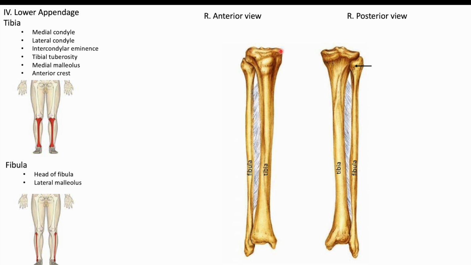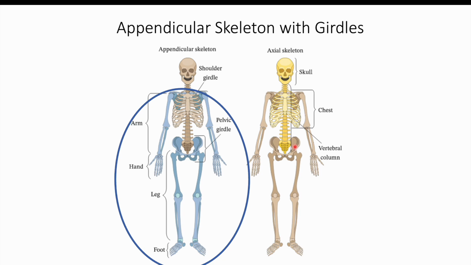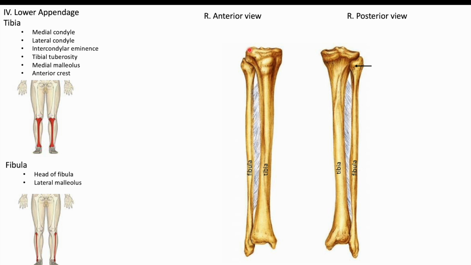The rounded portion that's facing the midline is called the medial condyle, and the lateral portion is called the lateral condyle. Both of these rounded articular projections of the bone serve as a smooth articulation and movement of the joint.